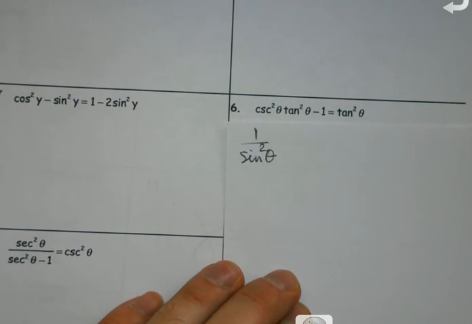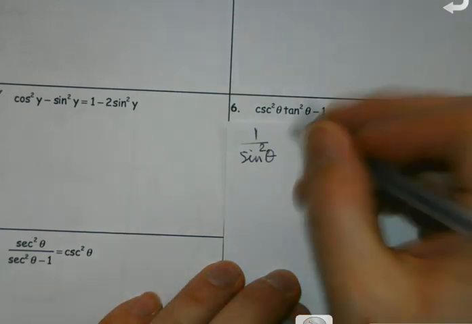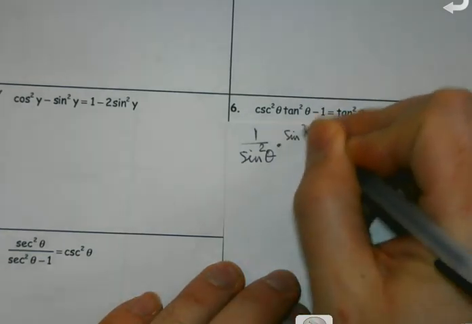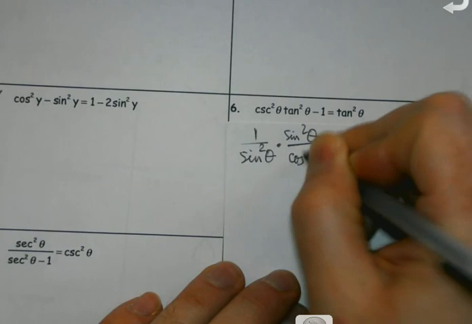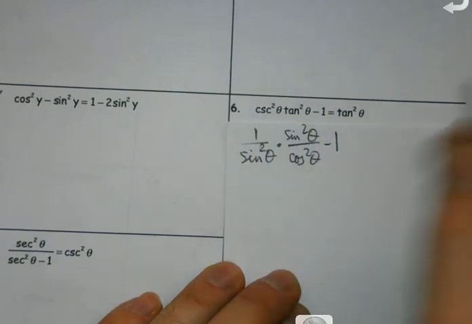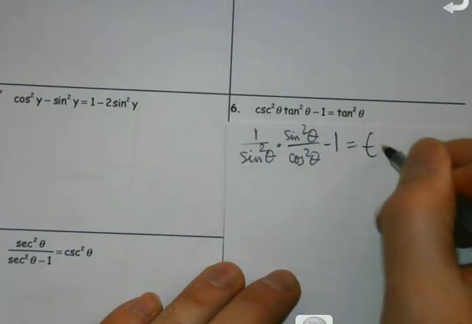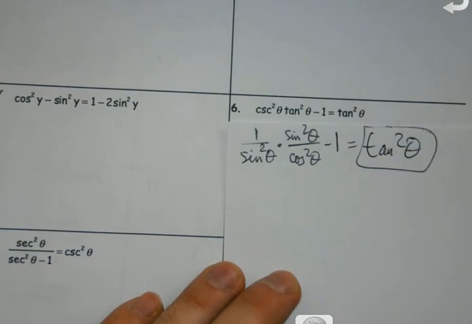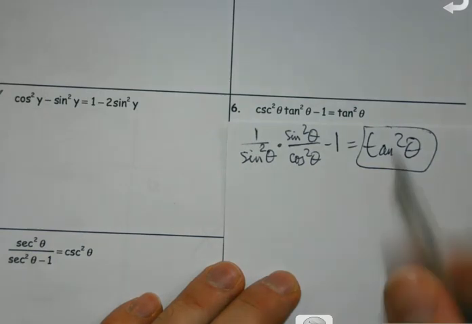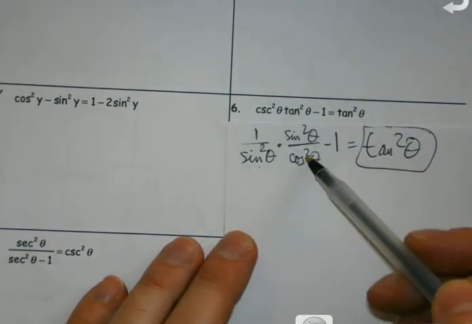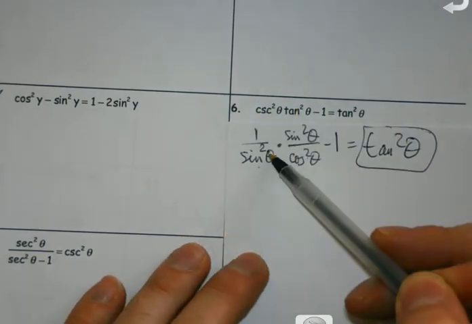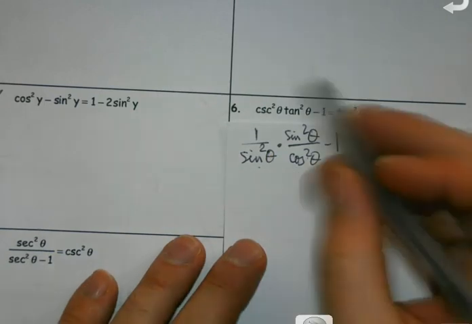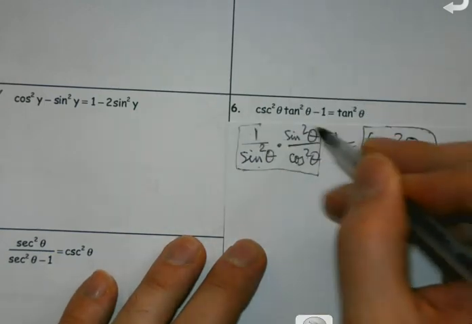Okay, what could I turn tangent squared into? I'm just going to rewrite this, keep reminding myself. Okay, do you see where I've just changed tangent squared into this and secant squared into this? Are we okay so far with that? Okay, now, these are being multiplied.